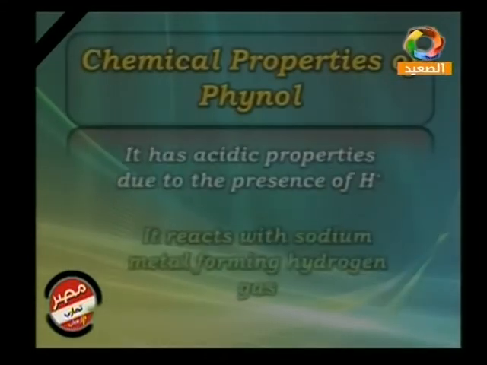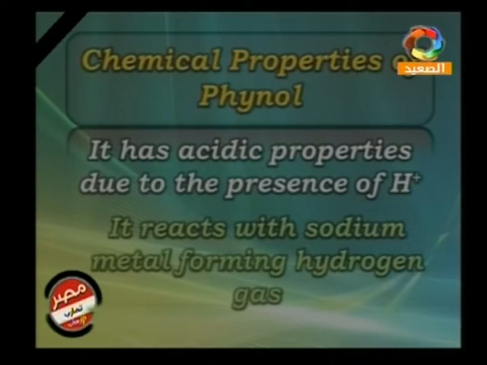After that, it has acidic property. Why? Because of the presence of the H proton. We have the OH, a hydroxyl group, attached to benzene. What will happen here? The benzene ring attracts the oxygen, so the hydrogen is very easy to lose from the O-H bond.